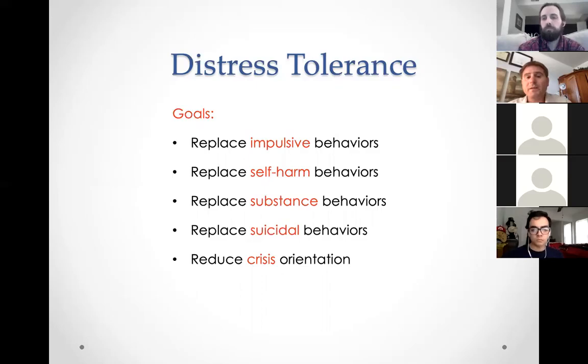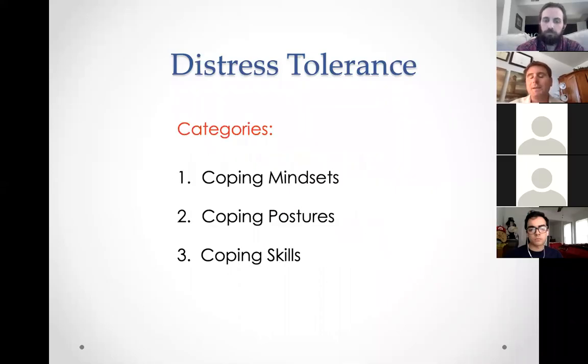So basically distress tolerance is helping our clients take any of these types of coping strategies that make things even worse and cause even more of a crisis orientation, and replace all of that with coping that's going to be more effective. And DBT has many ways of going about this. Distress tolerance is actually overwhelming because there's dozens and dozens of these different kinds of skills.